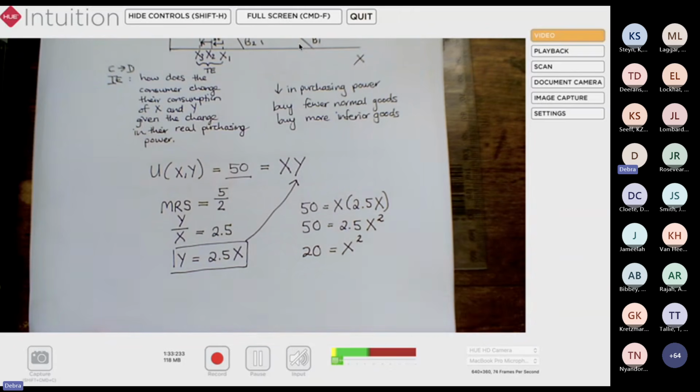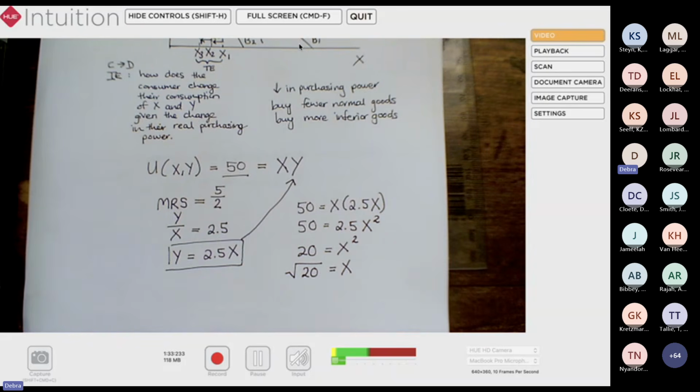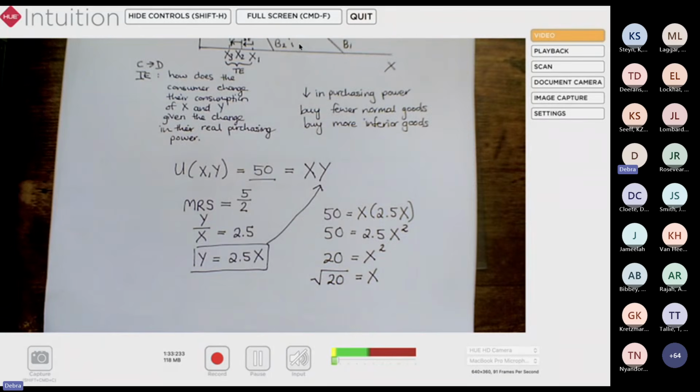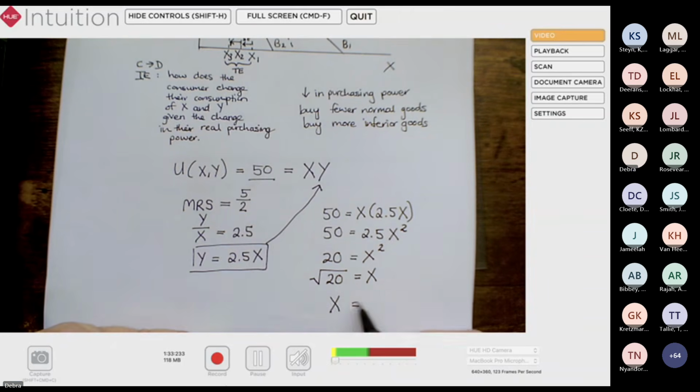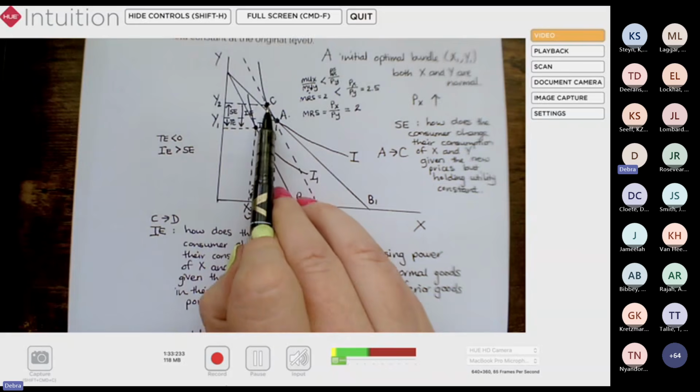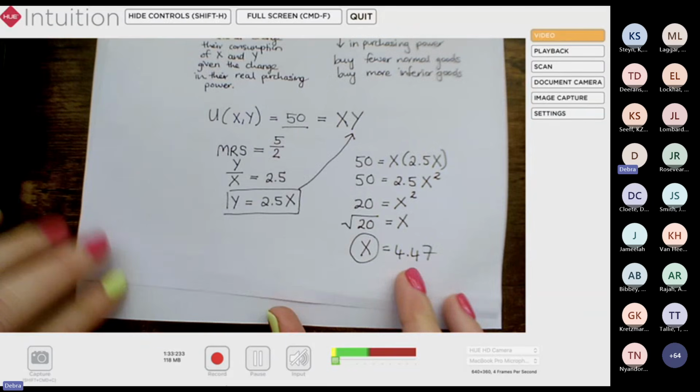That must mean that the square root of 20 is the value of X at my substitution effect, once that substitution effect is completed. Just pulling up my calculator quickly, the square root of 20 is 4.47. So now I know that the value of X at C is 4.47.